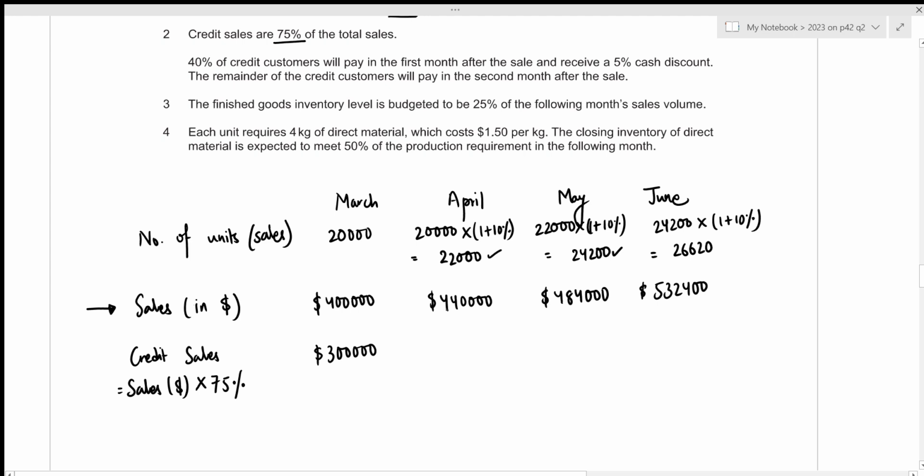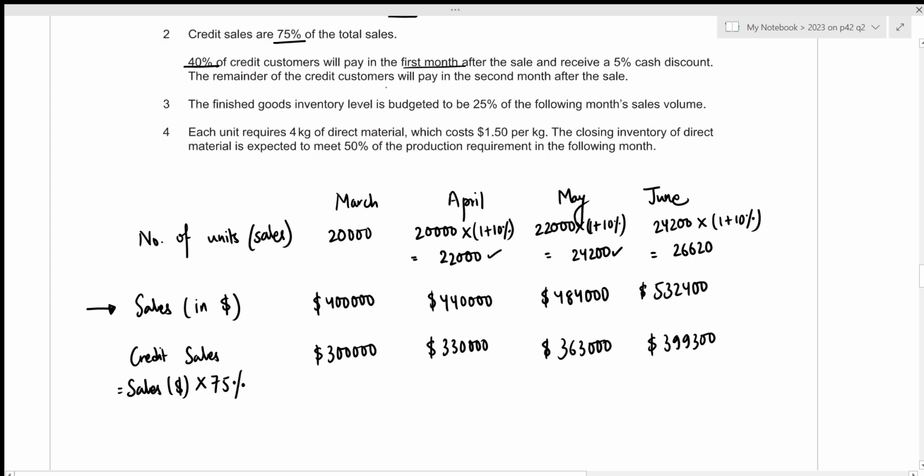For the month of April, that's 440,000 times 75%, which results in 330,000. For the month of May, that's 484,000 times 75%, which results in 363,000. And for the month of June, that's 532,400 times 75%, which results in 399,300.